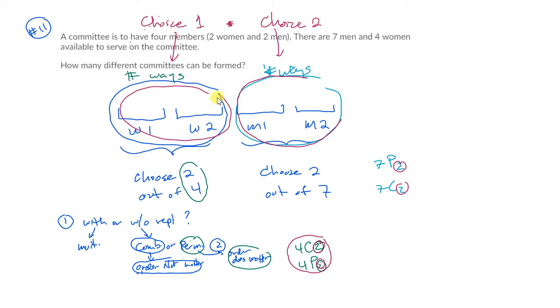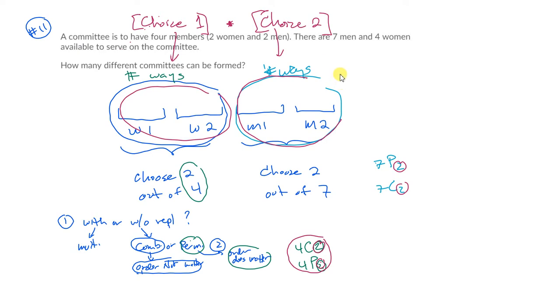It's 2 separate choice processes, 2 separate categories. What happens in category 1 is not affecting category 2, so we're not reducing the number each time. It's just your total number of ways this can happen times your total number of ways that can happen, and we multiply them out. That's it. So hopefully you're starting to get a feel for how these things work.